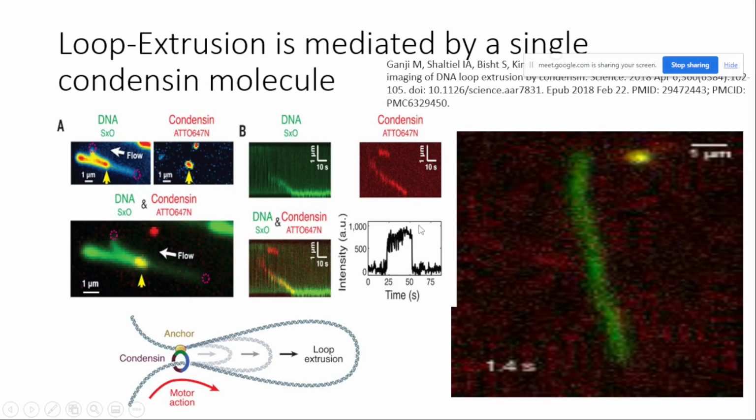So this typical cycle would be repeated if there were more than one condensate molecule mediating this loop extrusion activity. But here, within this time period, only one cycle of fluorescence activation and then photobleaching was seen. So this cycle was repeated only once here.